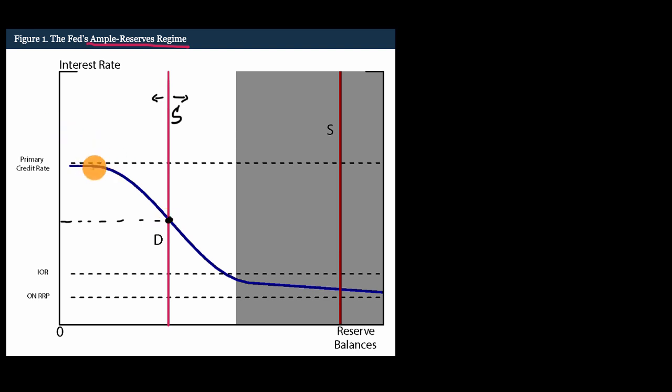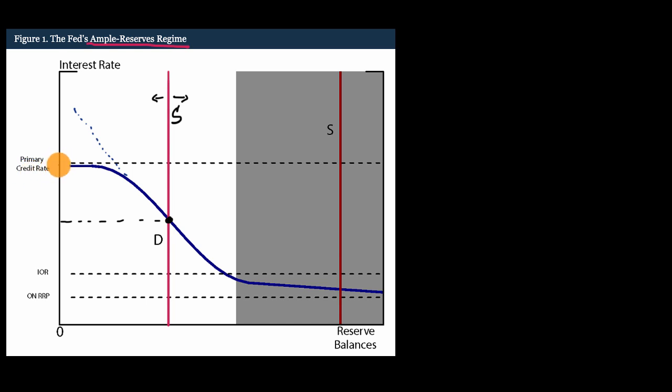Now, you might be wondering, why does this blue curve flatten out as you go further and further to the left? Why doesn't it do something like this? If the reserve balances are lower and lower, you'd think people would charge higher and higher interest rates to lend reserves overnight. Well, what puts a cap on this is the discount window. This primary credit rate is the rate that a bank in good standing, a strong bank, would pay.